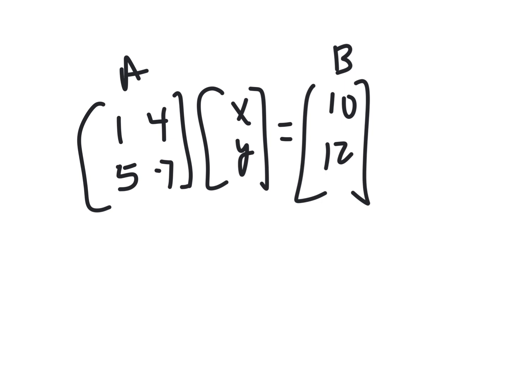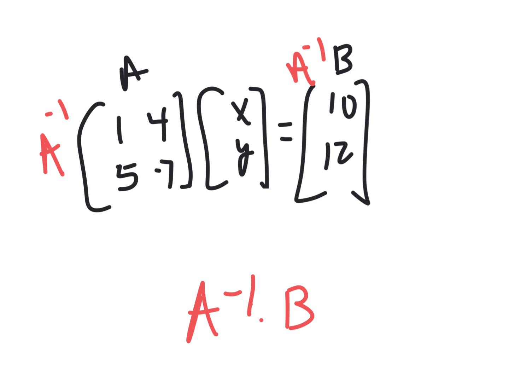Don't say it, write it. You just do this times that. Inverse A times B, and it has to be in that order. If you have it backwards, it will do it wrong.